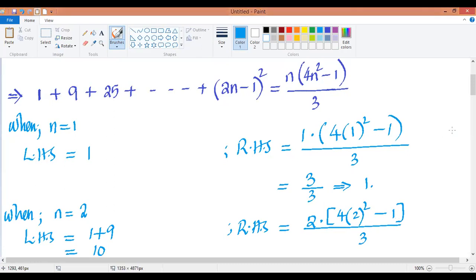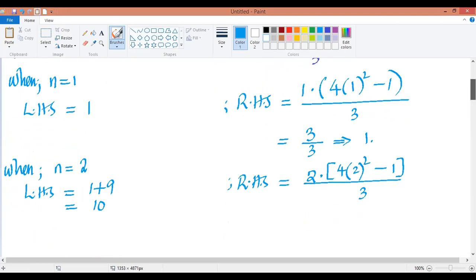What does that communicate? That gives me a 2 times 4 times 4, that is 16 minus 1, you get 15 over 3.